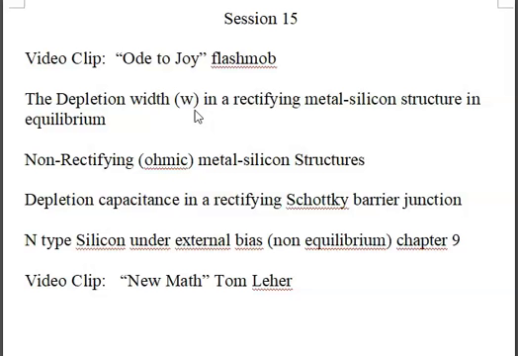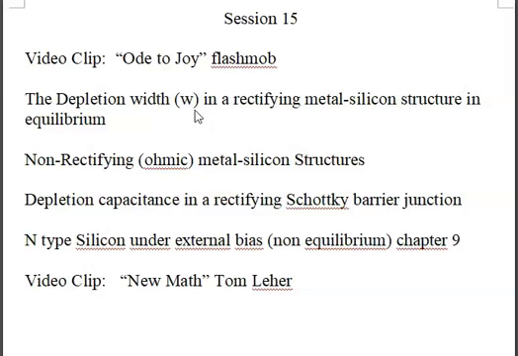And in order to do that, say for an N-type silicon, electrons must flow out of the silicon at the surface or near the surface into the metal. If it's P-type, holes flow out of the silicon into the metal, leaving it depleted of holes.